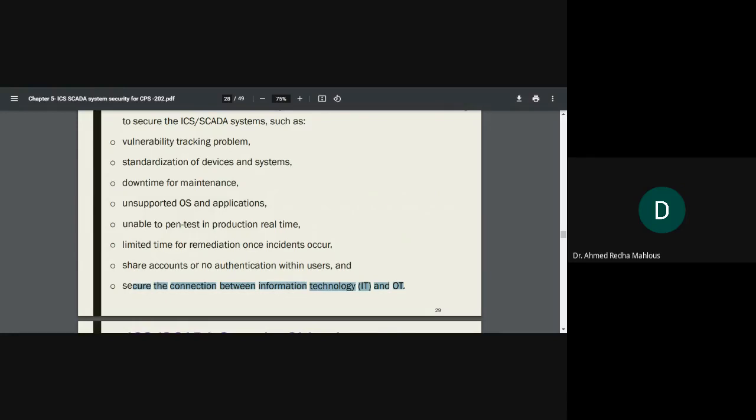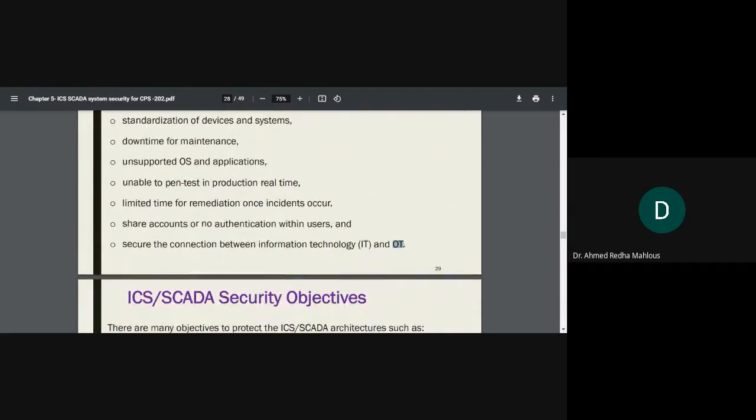When we talk about operational technology and information technology, information technology is related to any type of cyber or IT, and operational technology is related to, for instance, monitoring and those devices that use a mechanical or electronic way to run that is different from IT.